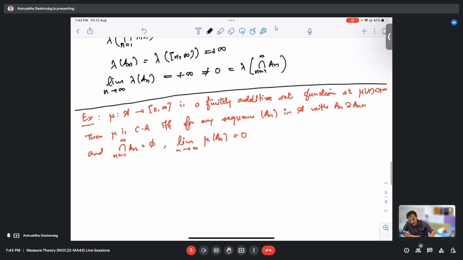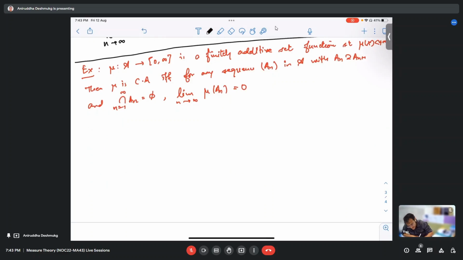So how do we prove this? Any ideas in proving this? Let us go one by one. It is an if and only if statement. So assume that mu is countably additive.